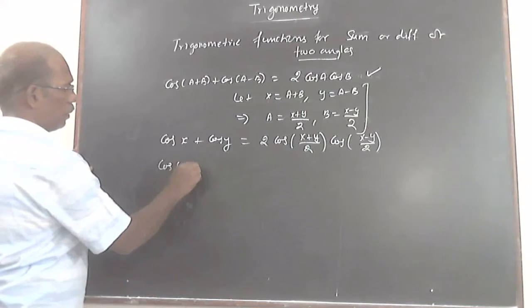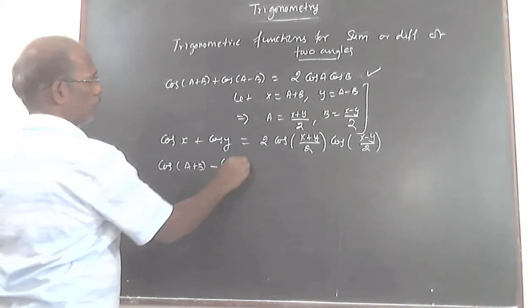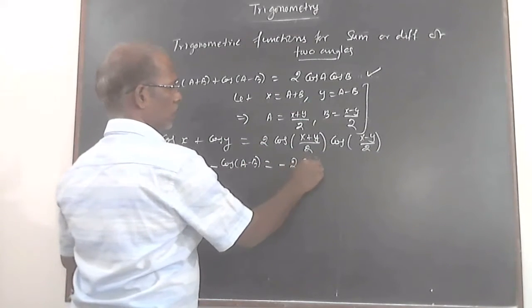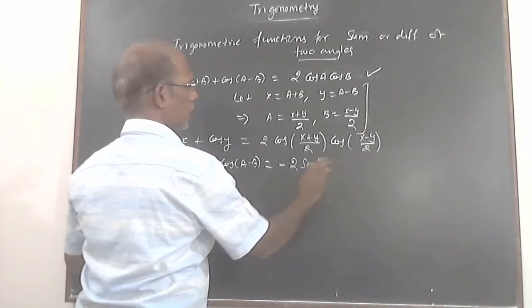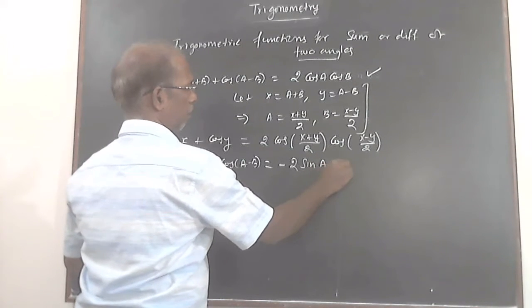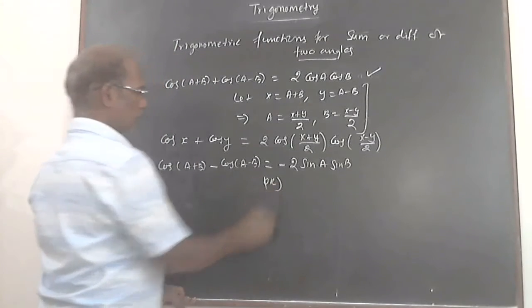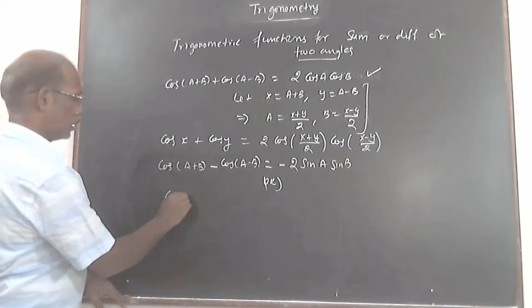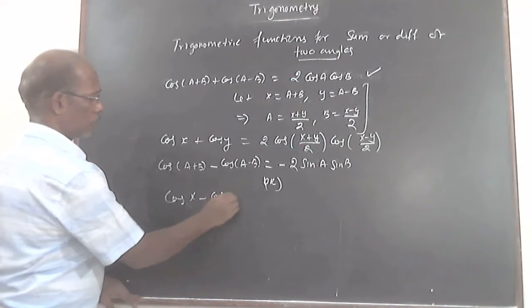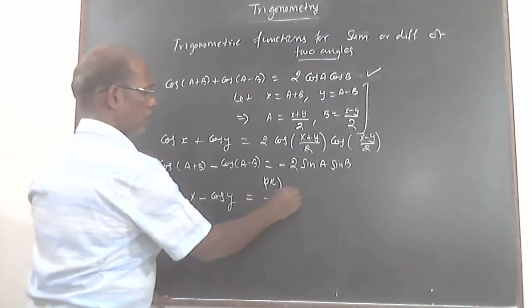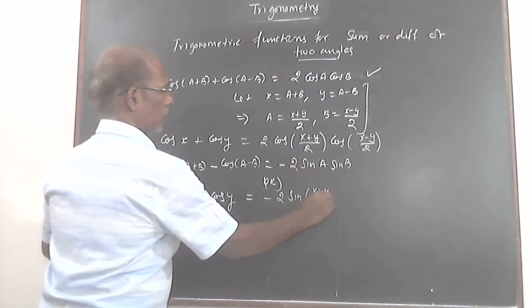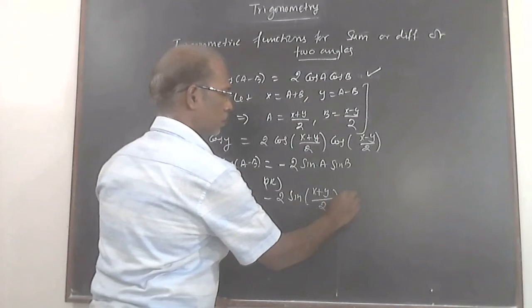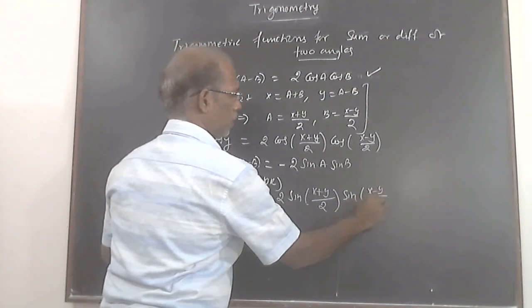Similarly, cos of a plus b minus cos of a minus b is minus 2 times sin a sin b. In terms of x and y, taking a plus b as x and a minus b as y, cos x minus cos y is equal to minus 2 times sin of x plus y by 2 into sin of x minus y by 2.